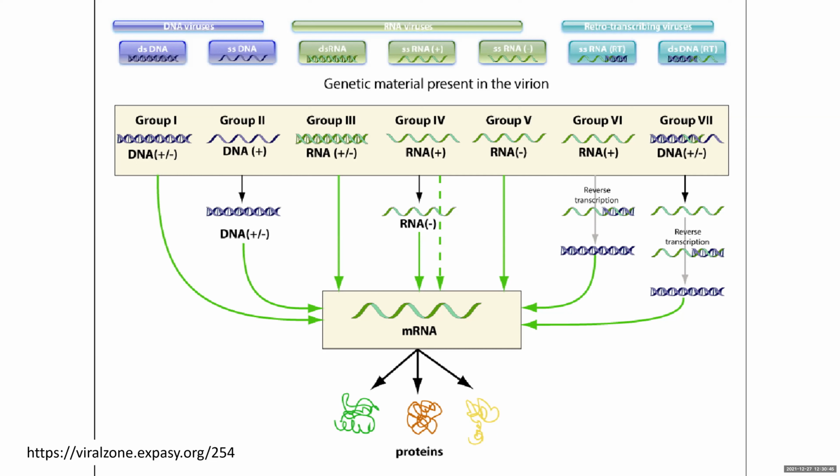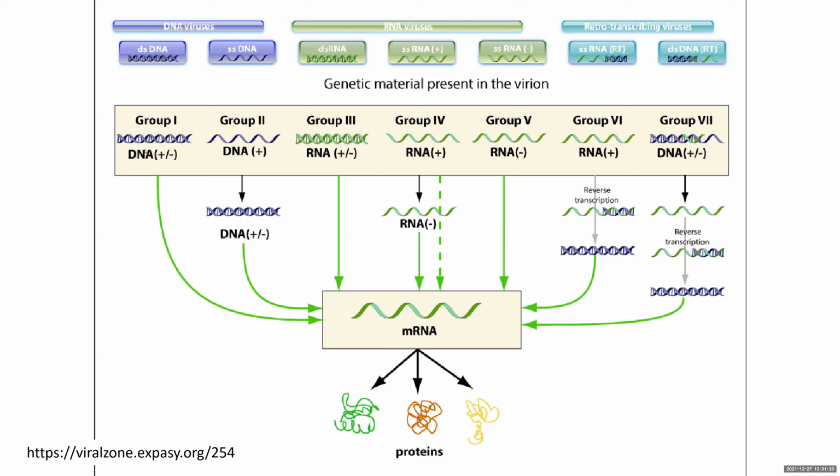That means it's the message that the messenger RNA would normally be made, how it would normally be made. So it's essentially the same thing as a messenger RNA. And then there's the single-stranded RNA minus. All right, so then we can also have these reverse transcriptase enzyme using ones that have a single-stranded RNA or that have a double-stranded RNA.